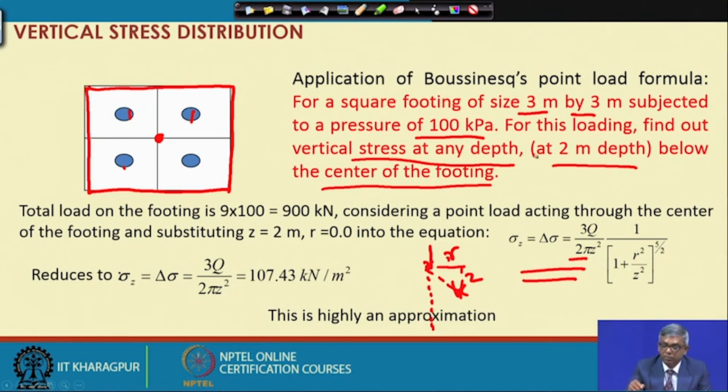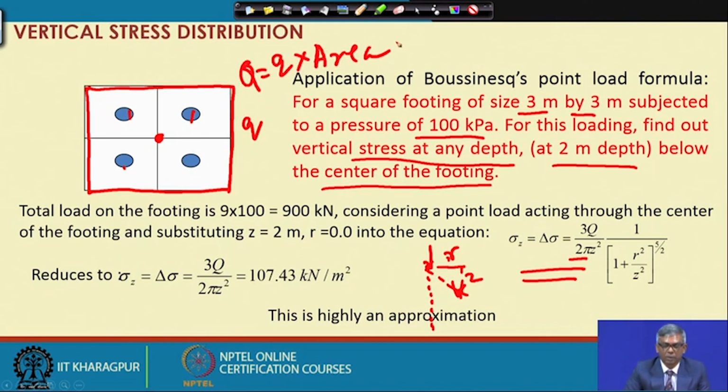Now if I want to use the point load formula with this equation, then what I can do? In this footing the pressure intensity q is 100 kPa acting. This is the pressure, small q, whereas capital Q we can imagine as q into area.